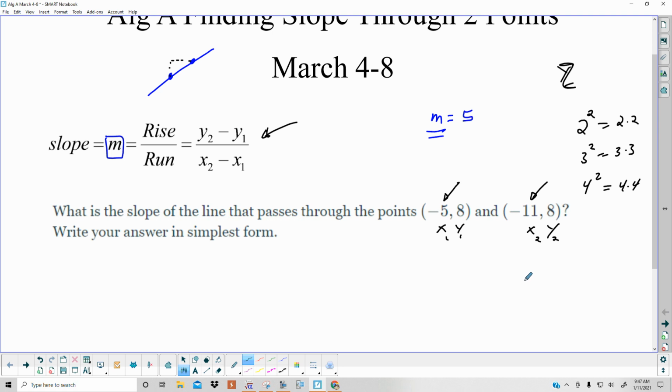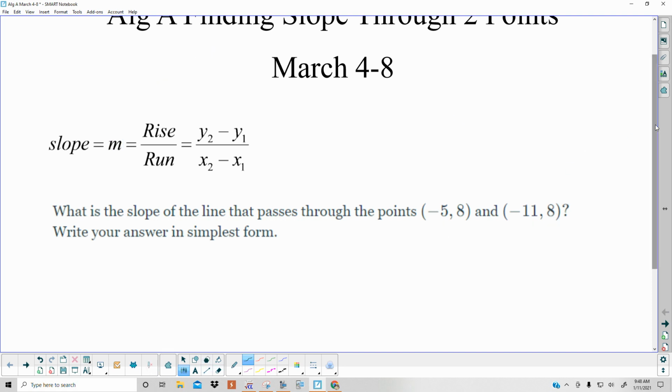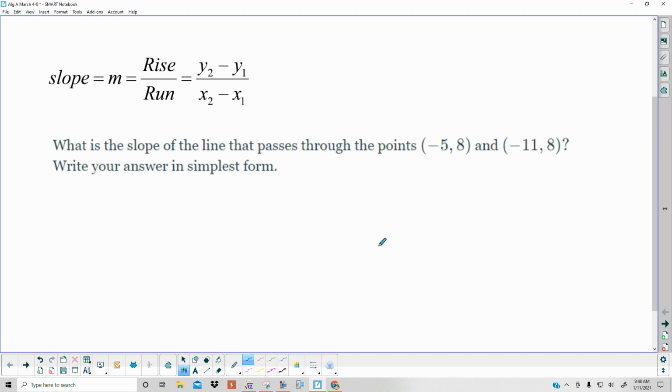To help you with this and to help minimize the number of errors that might creep in, you guys have seen me make lots of arithmetic errors. Some advice I'm going to give you is, when they write them horizontally like this, horizontally is left to right, take a second and write one above the other. So -5, 8, and -11, 8.